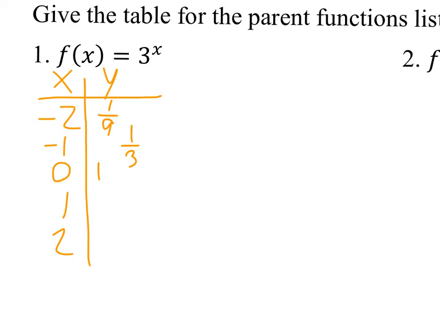Then we have 3 to the first power. Any number to the first power is itself. Then finally, 3 to the 2, or 3 squared, gives us 9. Moving right along.